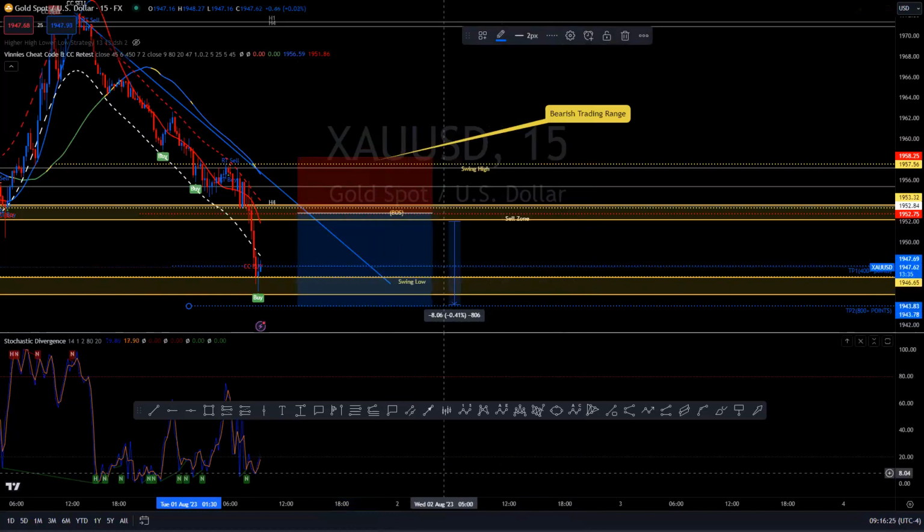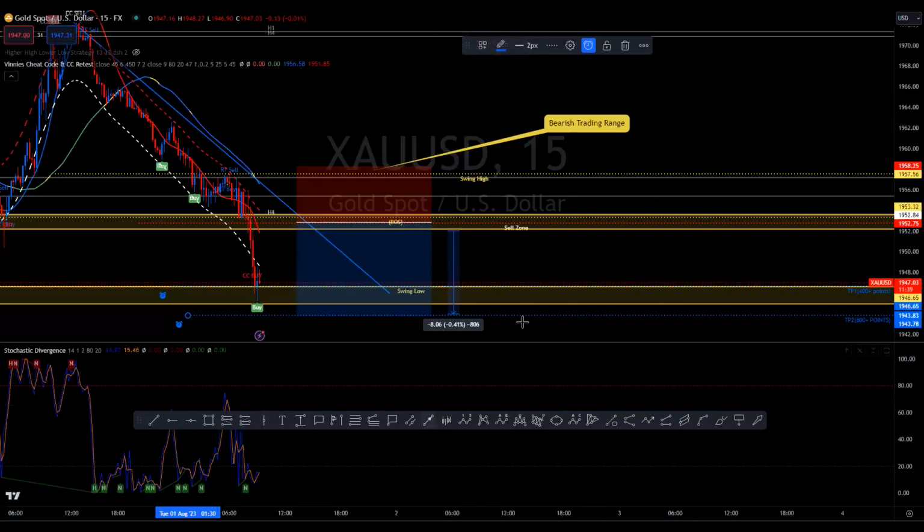So what I'm going to do is go ahead and set my alerts, and then we'll see what happens. I'll be right back. All right, so I went ahead and set my alerts. Now we're going to wait for the 9:30 candle to close.